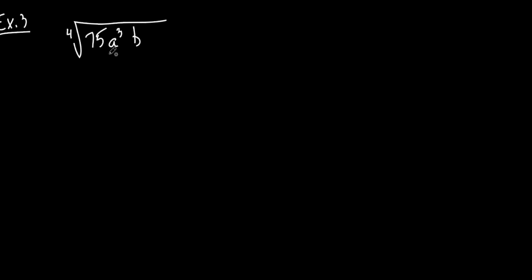Remember we did that yesterday? You took that big old number and you tried to break it down to see if there was anything to the fourth power. That doesn't work here, but you could, watch this, write the fourth root of 3 times 5 squared. We'll come back to that, okay? Just leave it like that. What's this going to be? This is going to be the fourth root of what? A cubed. And this is going to be the fourth root of b.